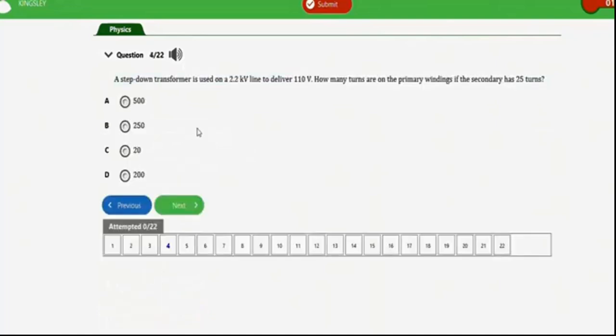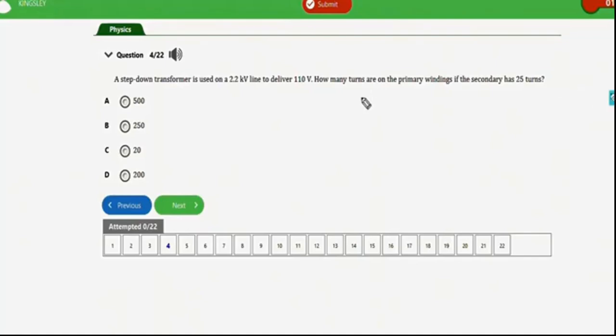The next repeated question will be this one. It says a step down transformer is used on a 2.2 kV line to deliver 110 volts. How many turns are on the primary readings if the secondary has 25 turns? Okay, now guys, for questions like this, this is basically the formula to apply.